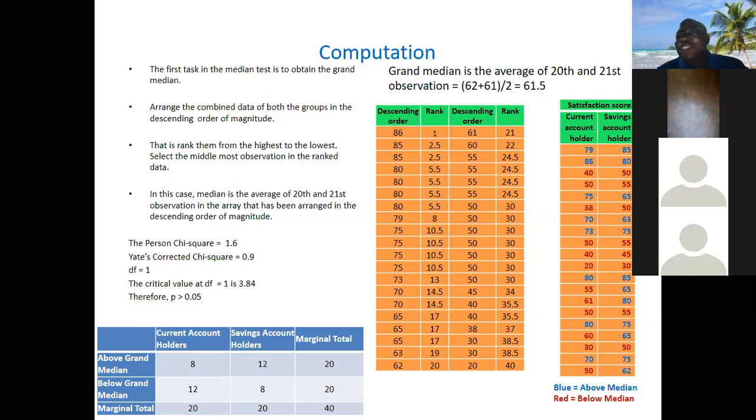When you are comparing two groups and it's skewed, you opt for non-parametric. You can decide to use median or use Mann-Whitney U. There's nothing that puts you in a jacket to use median. You just want to compare.